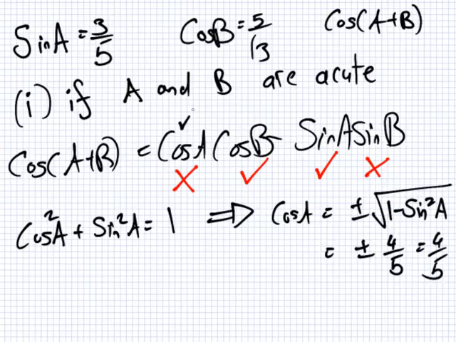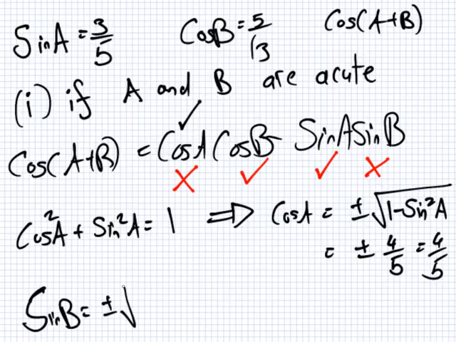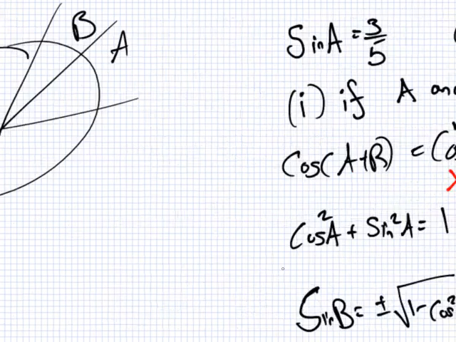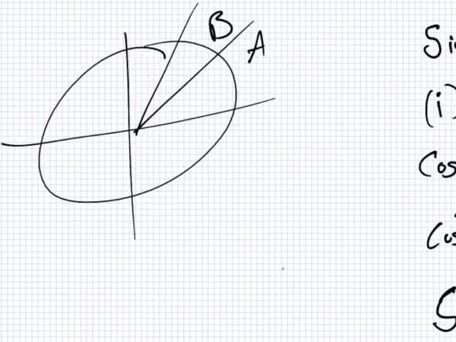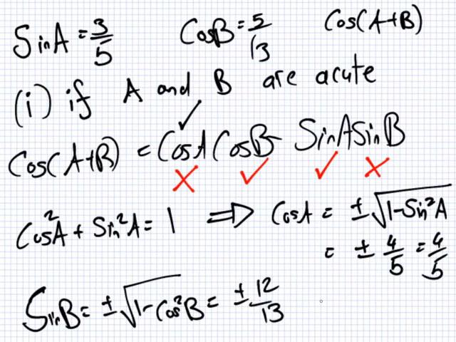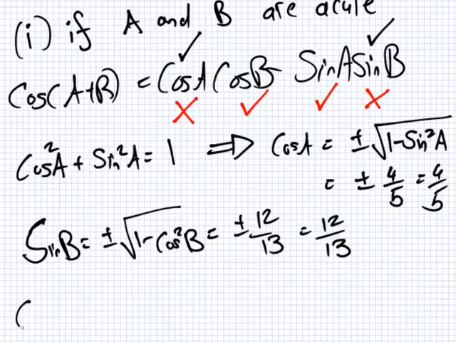So now we know cos A. Likewise, sine B is plus or minus the square root of 1 minus cos squared B, which would be plus or minus 12 over 13. But again, B is in the first quadrant, so sine B needs to be positive. So we take the positive answer, 12 over 13. Now we have the two missing pieces of information, so we can get the answer.